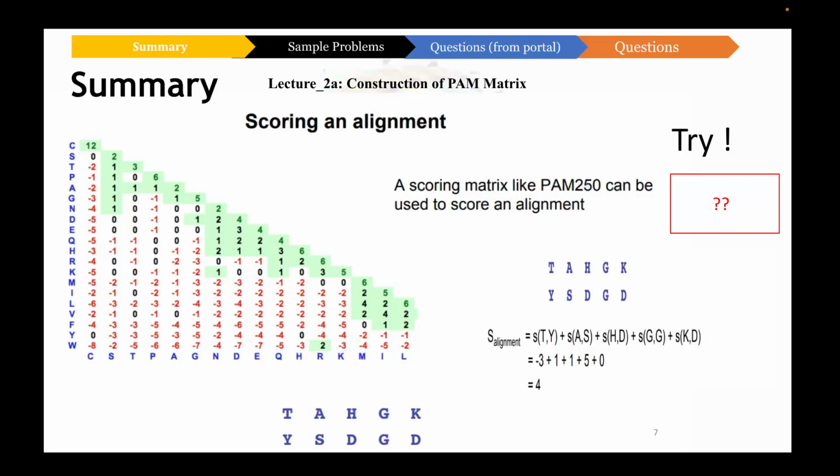Excuse me, sir. Can you please explain T and Y, which two attributes exactly? The alignment is A N S H N D G G K D. Just match the T here and the Y here.